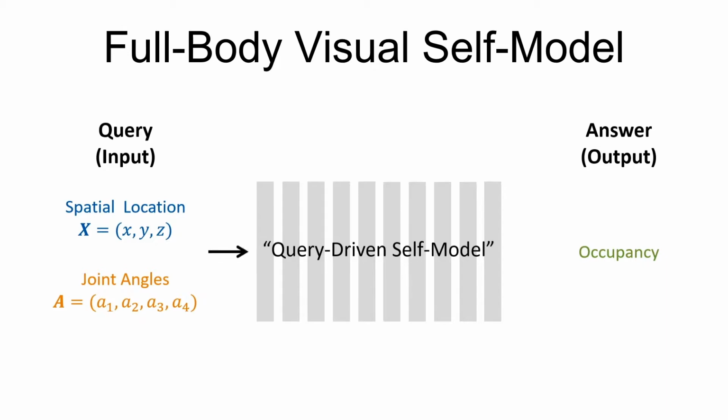For example, it can answer a query as to whether spatial position XYZ will be occupied if the joints move to some specified angles. The response from the neural network to a series of queries can then be used for a variety of tasks such as motion planning, collision avoidance, damage assessment, or the visualization of the entire robot, to name a few. All these aspects will be demonstrated in this video.